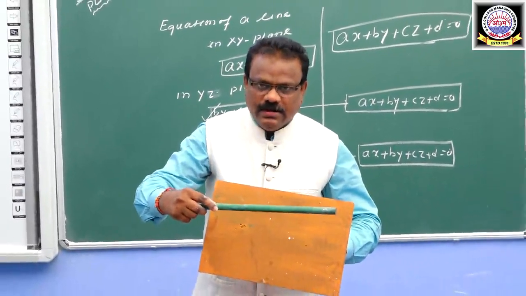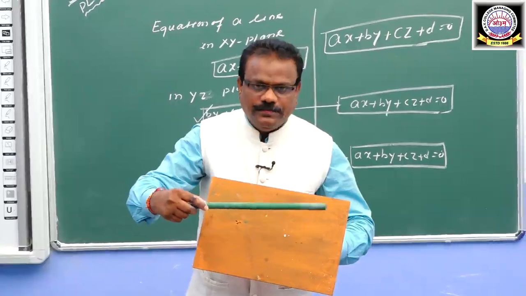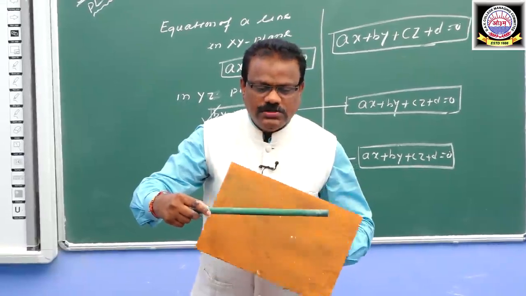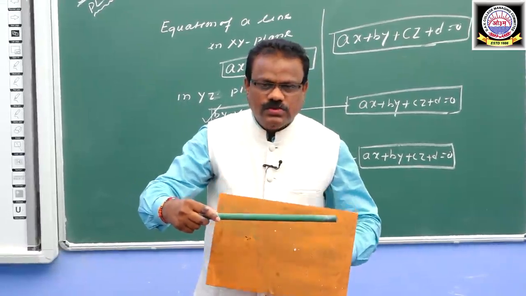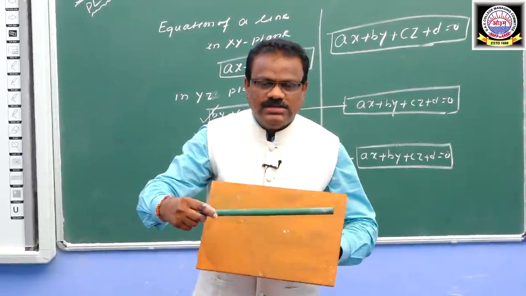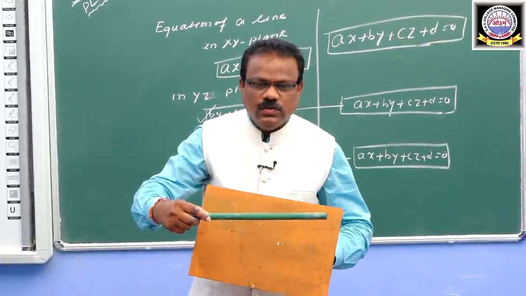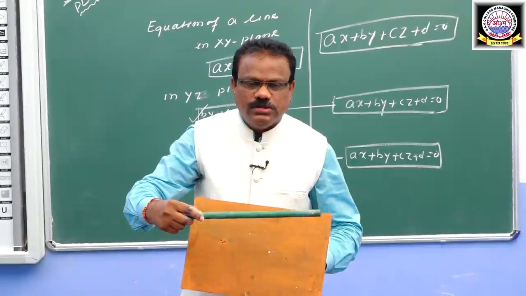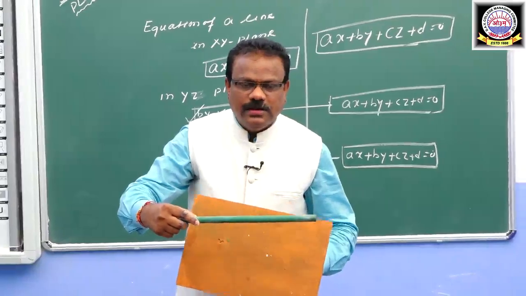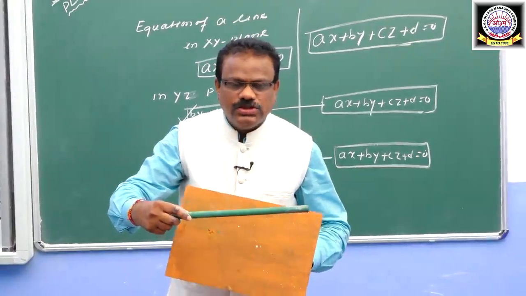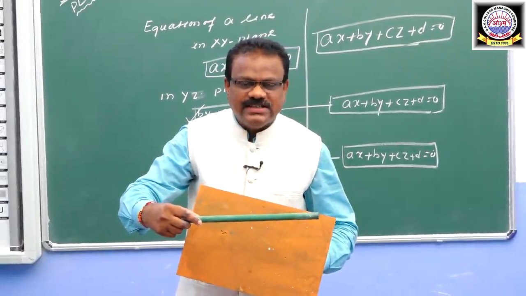Let this line be parallel to it, and this is the plane. And you see, without changing the position of the point and the position of the parallel vector, the position of the plane is changing.